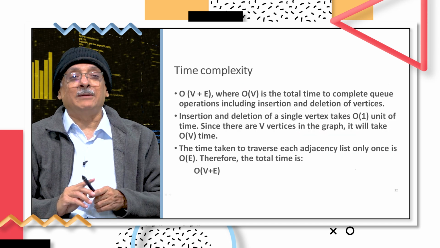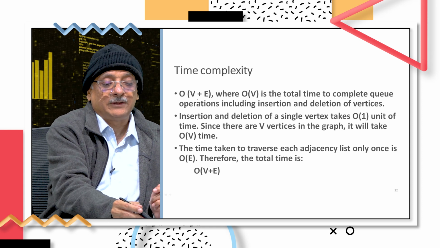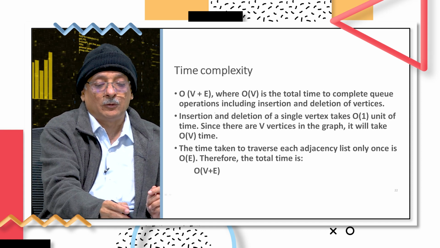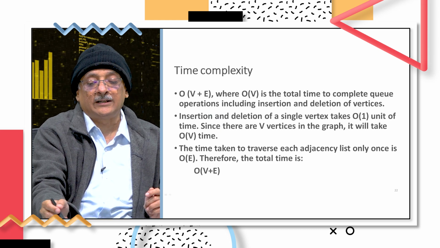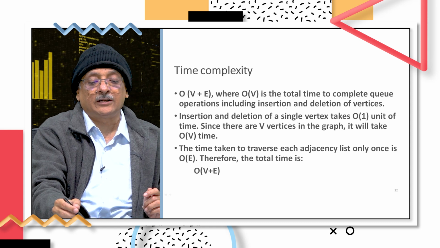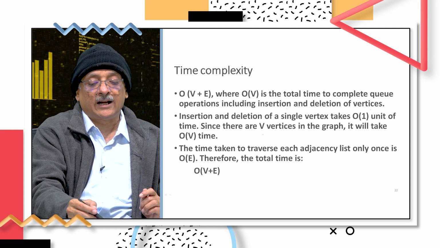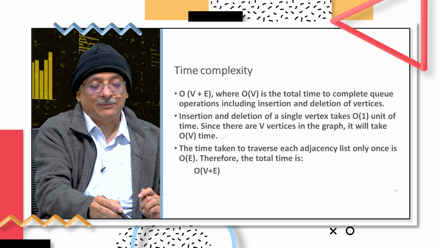So what is the time complexity? Once again, the time complexity is of the order V plus E, where order V is the total time to complete the queue operations, including insertion and deletion of vertices in the queue. Insertion and deletion of a single vertex takes order 1 time, and since there are V vertices in the graph, it will take order V time only.